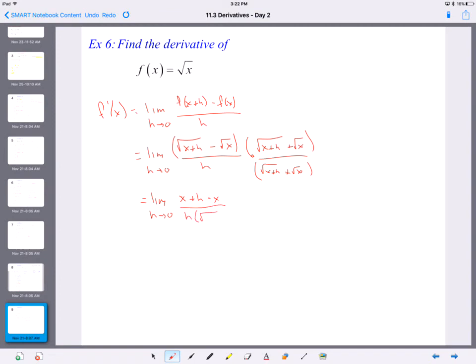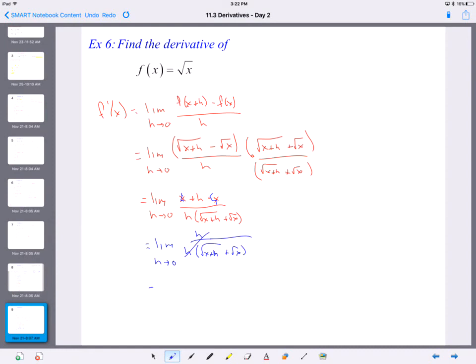And then all over, don't distribute the h, because that's what's going to cancel out. h times that quantity. So you can see the x's will cancel, and you're left with the limit as h approaches 0 of h over h times the square root of x plus h plus the square root of x.